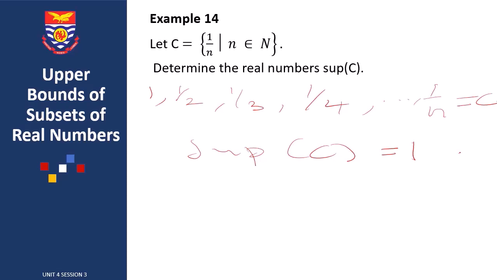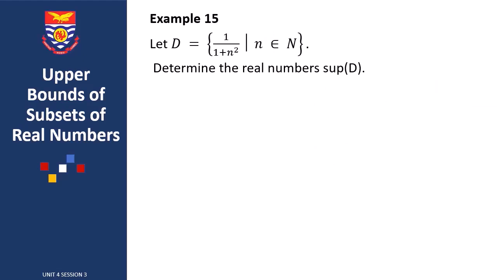Okay, then next example. Example 15: let D equal 1 on 1 plus n squared. As usual, n is a member of the natural numbers. You want to determine the sup of D. So the same thing, you list the elements of D. You put natural numbers: put 1 inside, you get 1 on 2.